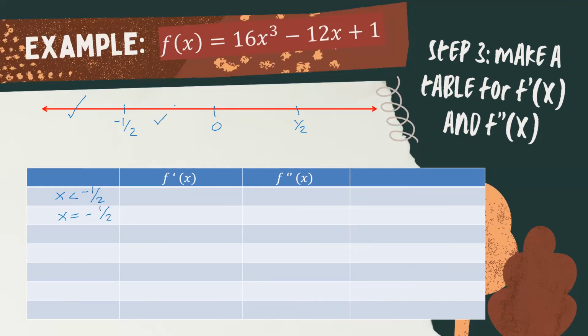Okay, tapos dito naman, between negative 1/2 and 0. Tapos dito naman, yung critical point natin ulit, x equals 0. Tapos dito, between 0 and 1/2. Tapos x equals 1/2 positive. And then mag-e-end tayo sa another inequality, x greater than 1/2.